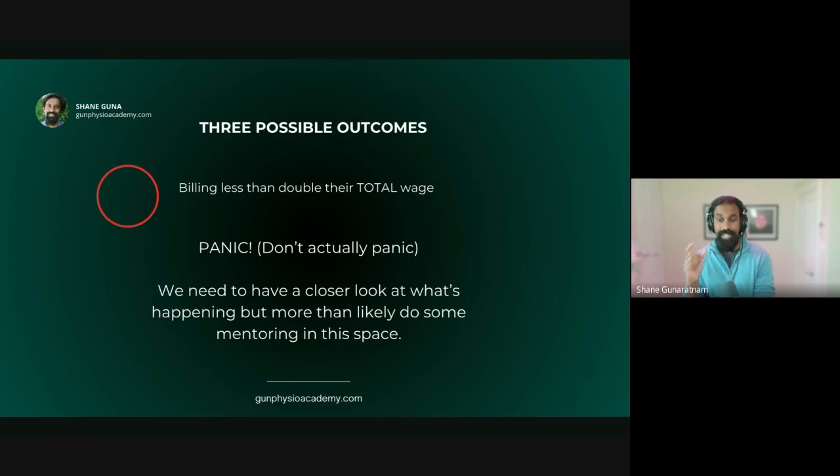The first answer to what to do instead of panicking is look a little bit deeper. Are they getting enough new patients, and are they following up frequently enough with the new patients that are coming through? It's going to be one of those two things, if not both.